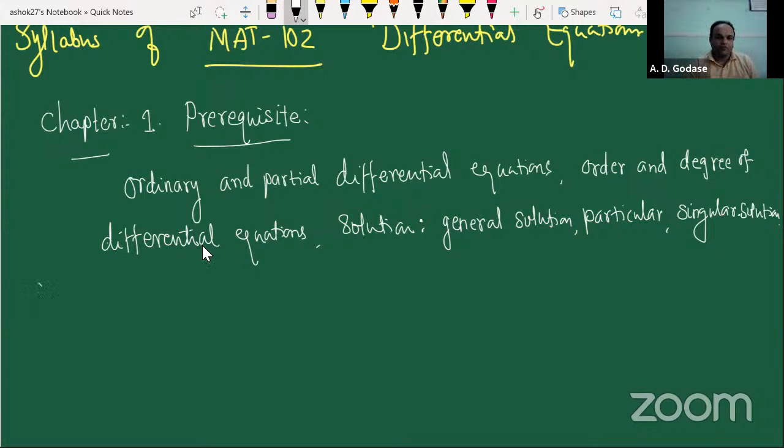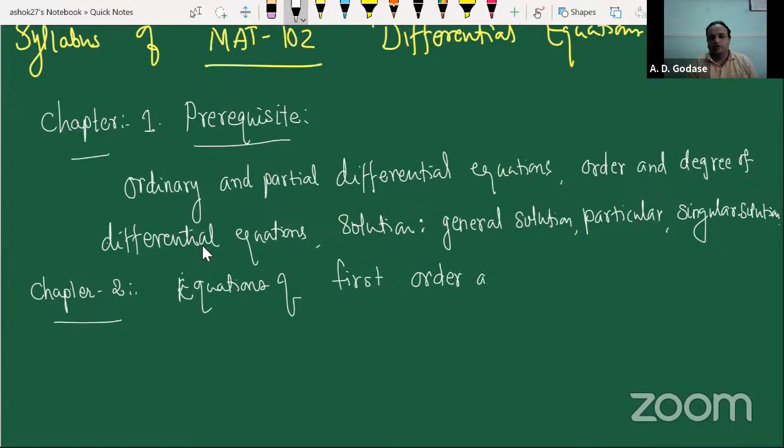Chapter 2. The title of chapter 2 is equations of first order and of the first degree.